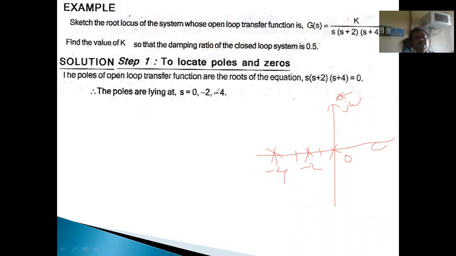Now the second step: whether the root locus is present on the real axis or not. For that, we have to take a test point.